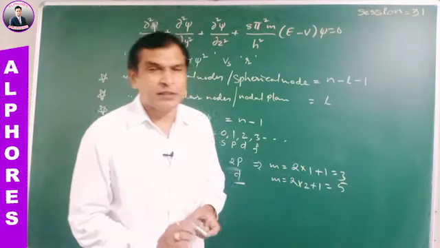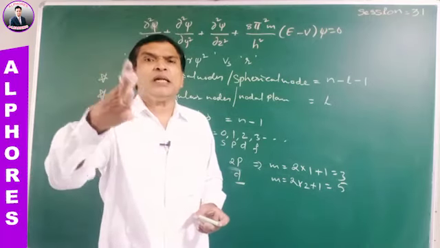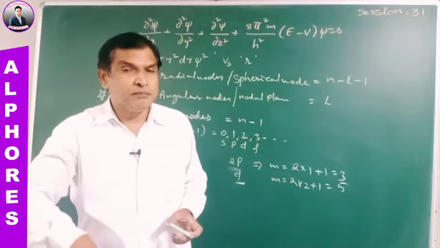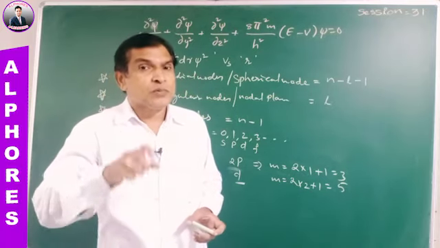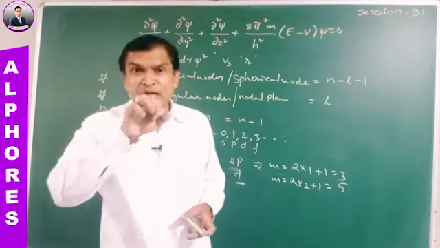Now another point. To represent an orbital in the atom, 3 quantum numbers are required.